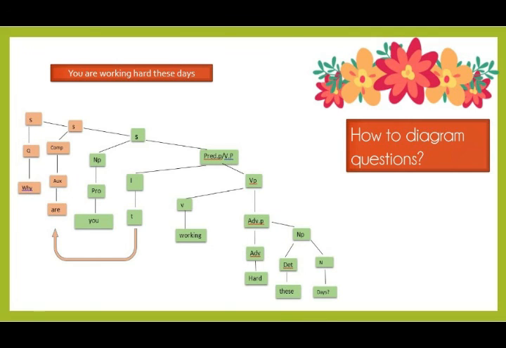First of all, we have the letter S, that is the sentence. Then we have the Q that corresponds to the word "why," that is a question. Then we have another S, which corresponds to the auxiliary "are," and also functions as a complement.